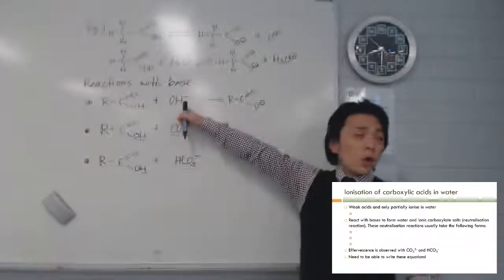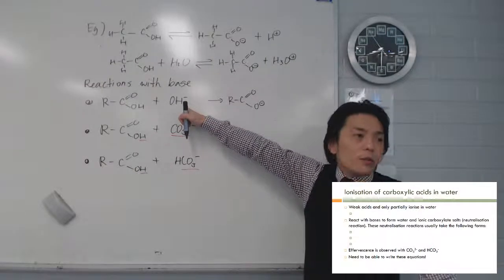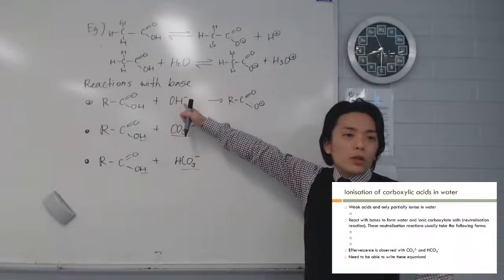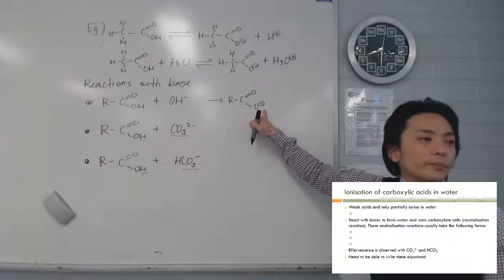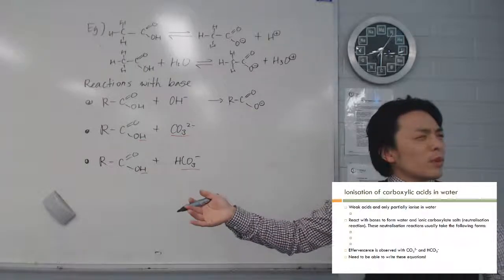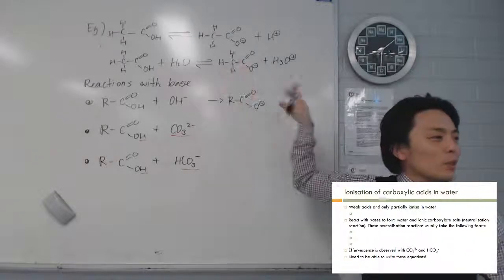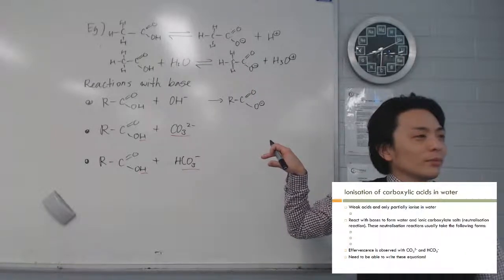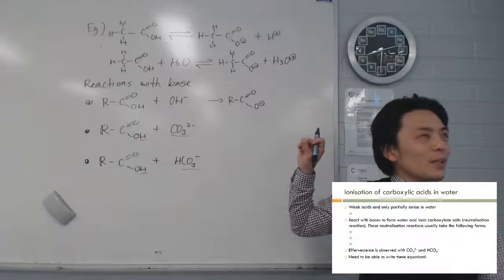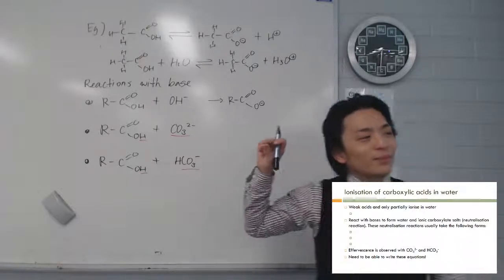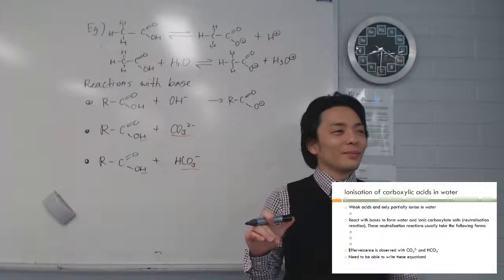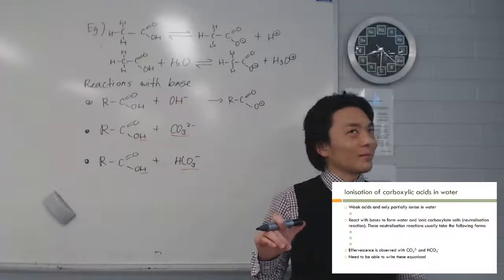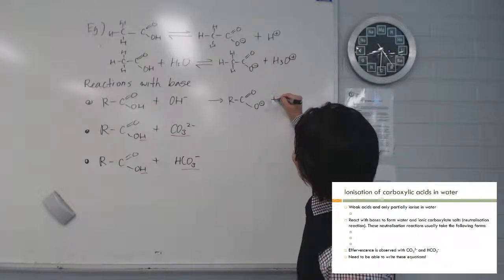And depending on what this OH group was attached to, like if it was sodium hydroxide, a sodium ion would be attached to that. Now, I didn't write it down because that's just a, what sort of ion is it? Something that you can omit from each side, something that's not really part of the reaction. What do you call those ions again? We'll come back to that.